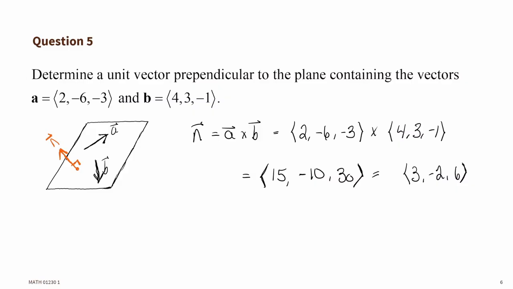Which means it would still be normal. It would still be perpendicular. I'm not going to say equals, because obviously it's not equal, but I'm transforming it. So I'm going to use this vector instead as my normal vector.